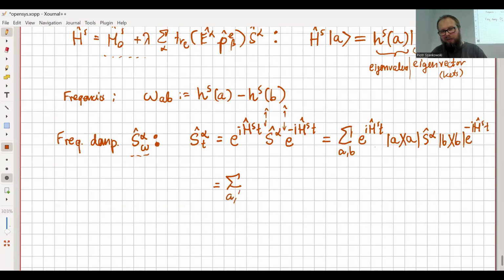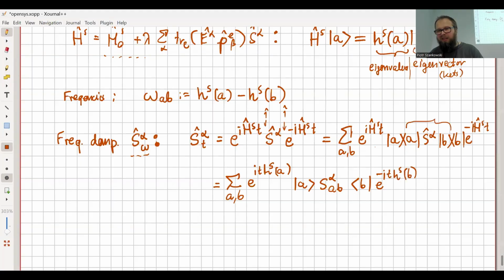So this turns into a sum over a, b of e^{itH_a}, and let's pick a symbol for the matrix element of S, <a|S_alpha|b>, and here we have <b| e^{-itH_b}.